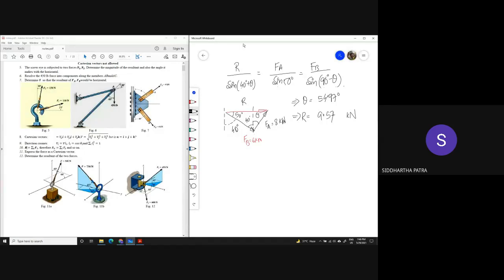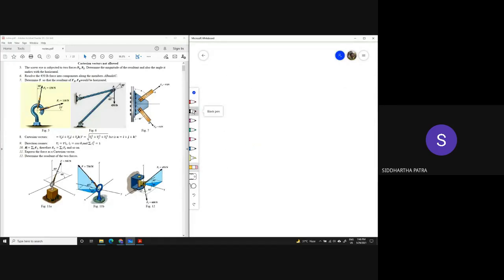Okay, so the next topic that we would consider is Cartesian vectors. Before going into Cartesian vectors, now all of these examples are planar examples.